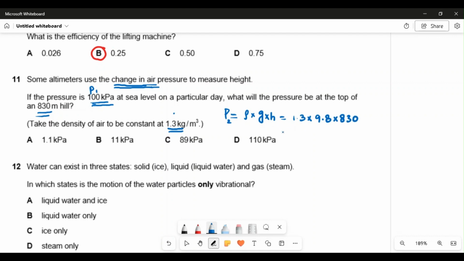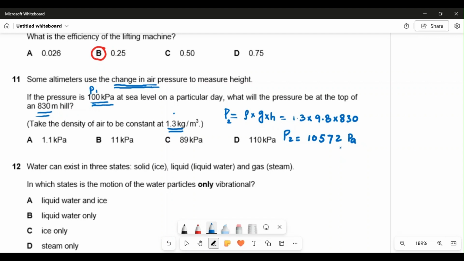830 meters. So pressure at height 830 meter will be 1.3 times 9.8 times 830, and it is 10,574.2, you can say 10,574 Pascal.